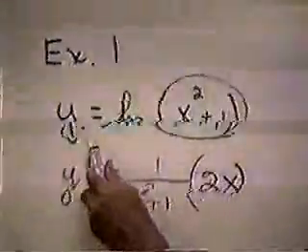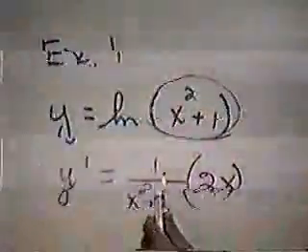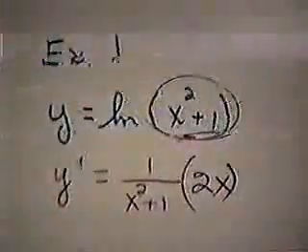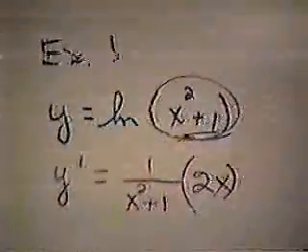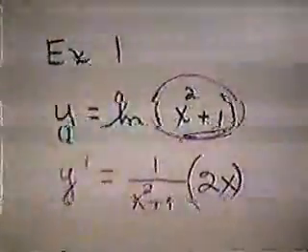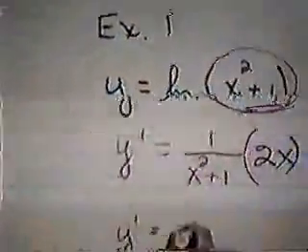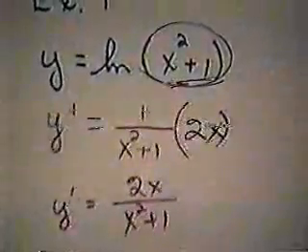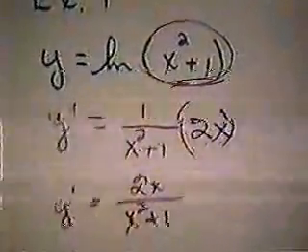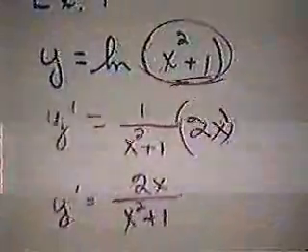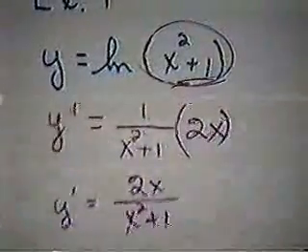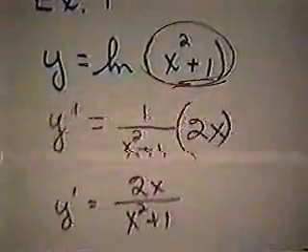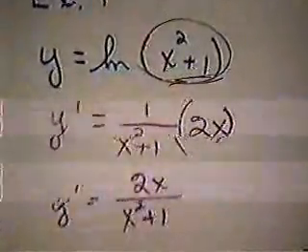The derivative of logarithms is 1 over whatever this object is, times the derivative of that object. 1 over the object, and then you simplify, and you have y prime is equal to 2x over x squared plus 1. All right, let's memorize it that way. The derivative of a logarithm is 1 over the object times the derivative of the object.